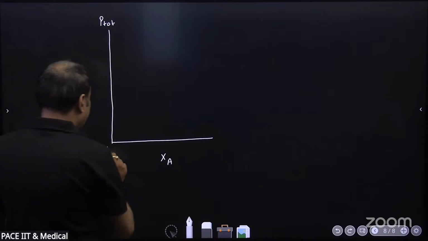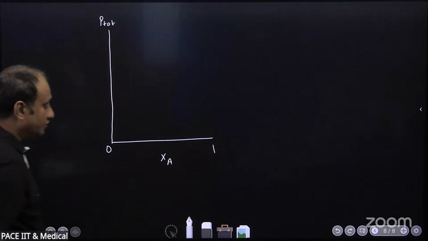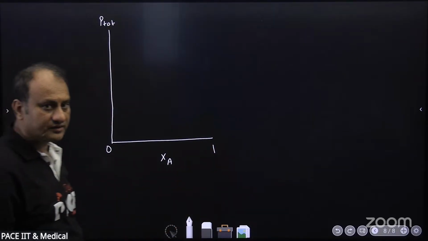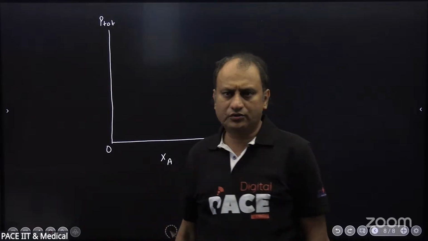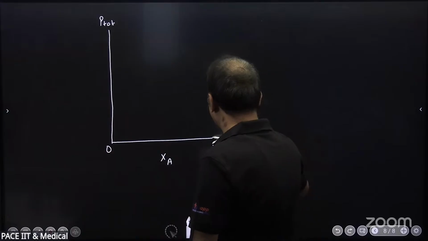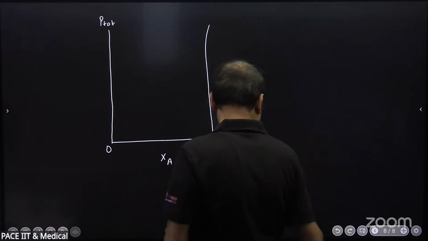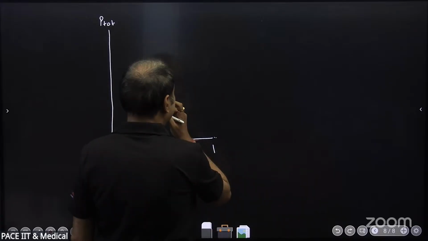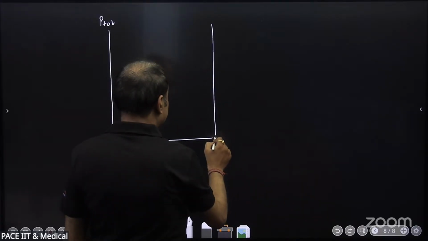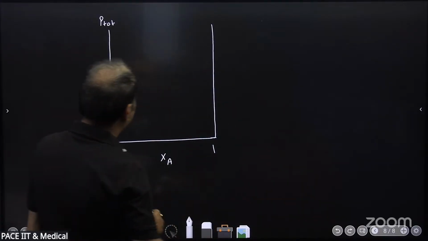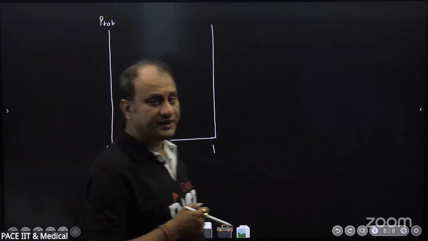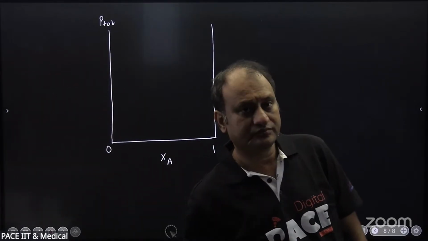Now XA will definitely go from 0 to 1. So this graph is going to be in this range. How will this graph be for ideal solution?